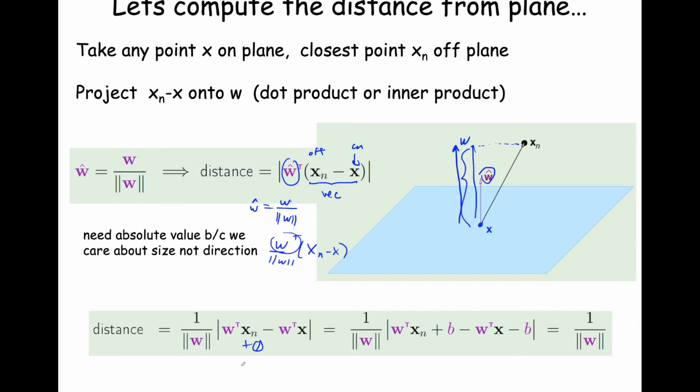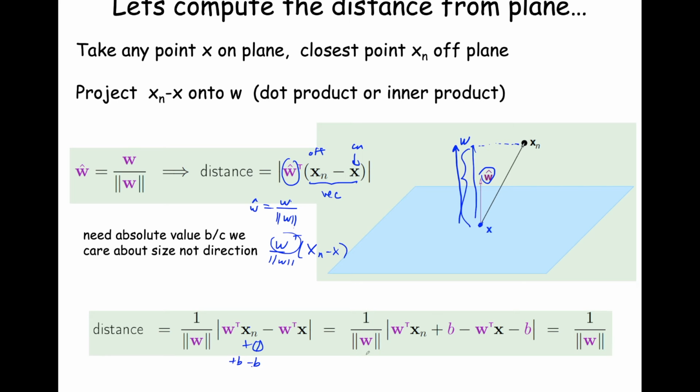One way of saying plus 0 is by saying plus b and minus b. And if we do that, we'll group the plus b with the w transpose xn, and we group the minus b with the minus w transpose x. So we get the equivalent expression, mathematically, that doesn't change what we had as this distance.